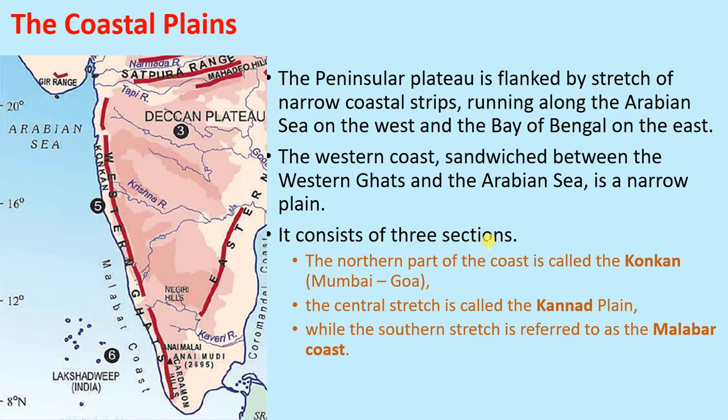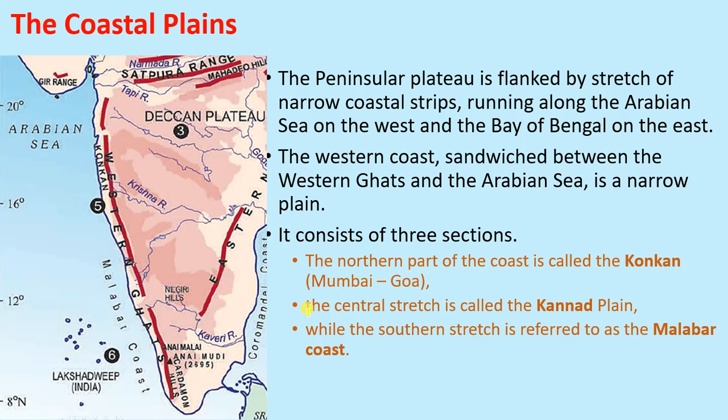It consists of three sections. There are three sections of this Western coastal plain. The northern part of the coast is called Konkan, from Mumbai to Goa. So if you visit from Mumbai to Goa, that is referred to as Konkan.